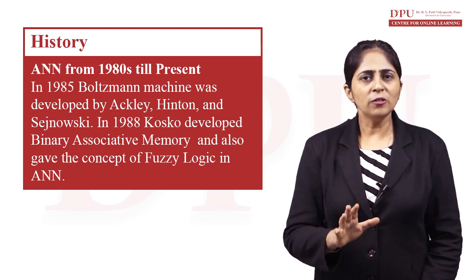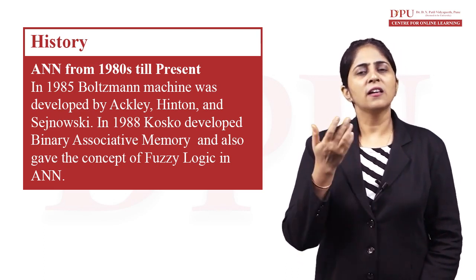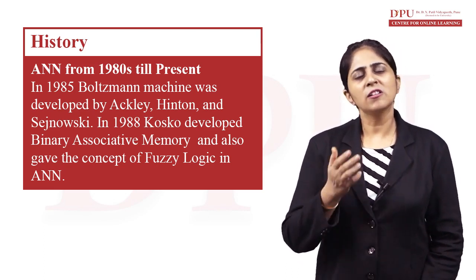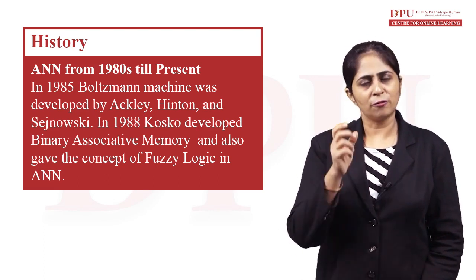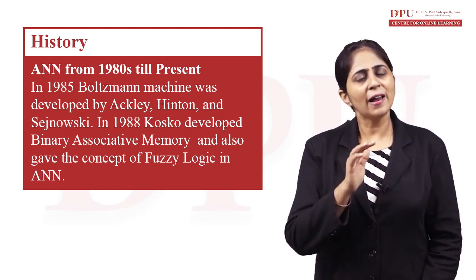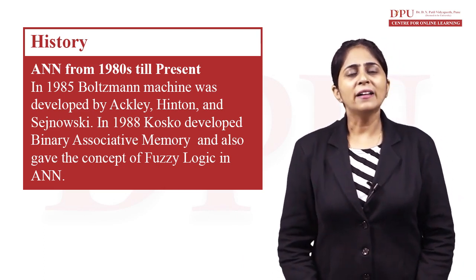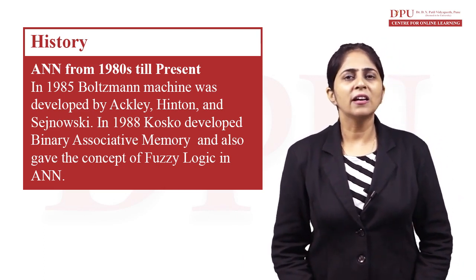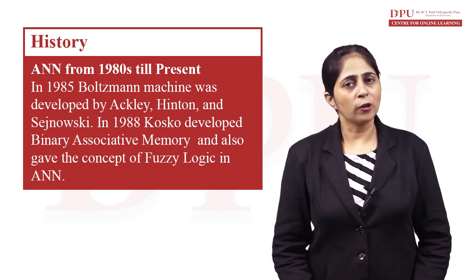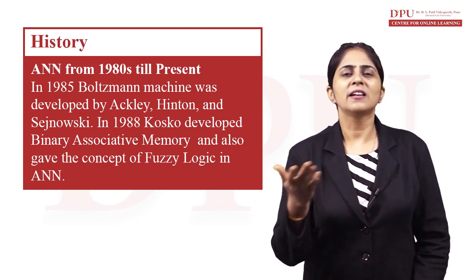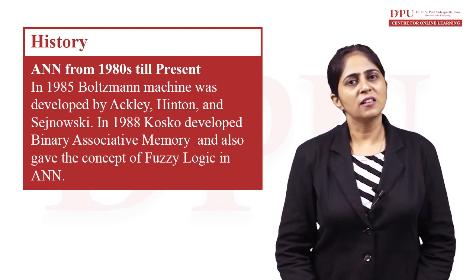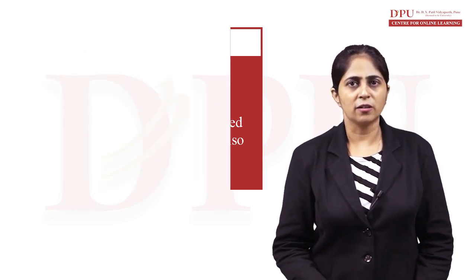Do not worry about these terms like fuzzy logic, associative memory, backpropagation. These are just terms that you have to memorize for now, and we'll discuss all of them in detail further. So that is how the development started from the 1940s, and till present developments are taking place in this field of neural networks.